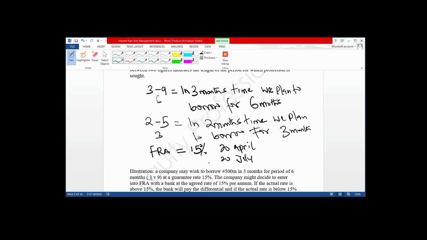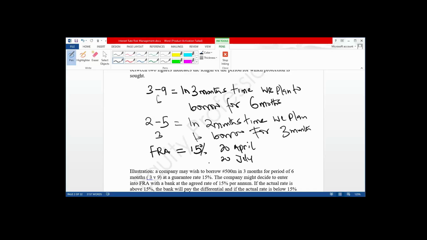It is not compulsory that you must go to First Bank to borrow your money. The agreement with First Bank says that any day I'm going to borrow my money, the interest rate I'm going to pay is 15%.